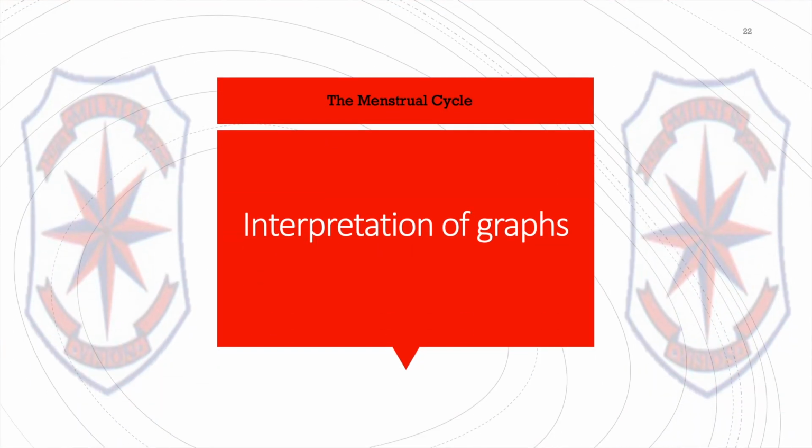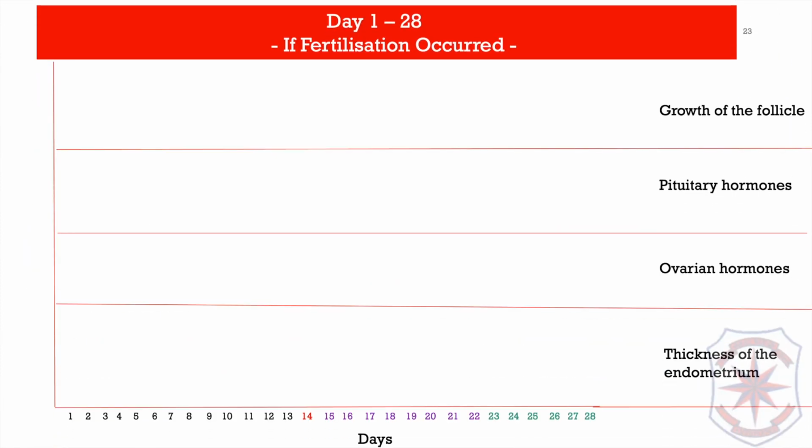Now that we've looked into the specifics of the menstrual cycle, let's see if we cannot interpret or explain the menstrual cycle in terms of graphs. Here we have an outline of a graph from day 1 to day 28. So we have actually 4 graphs on the same set of axes.